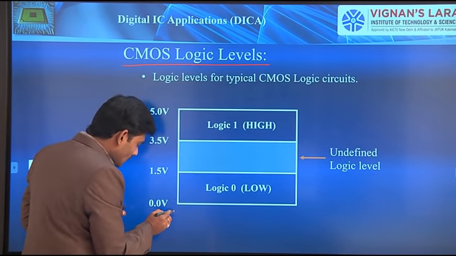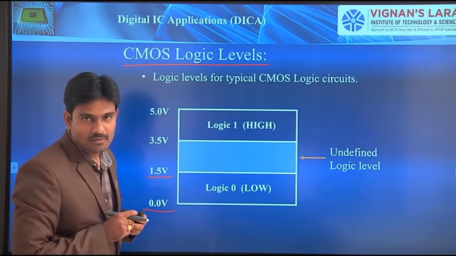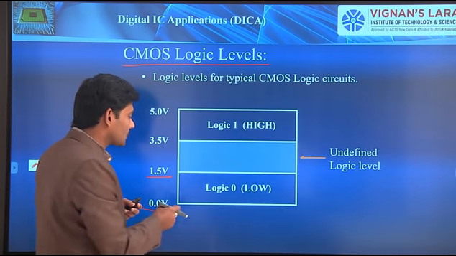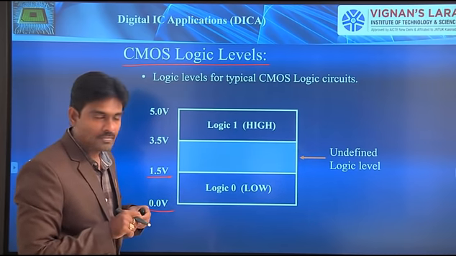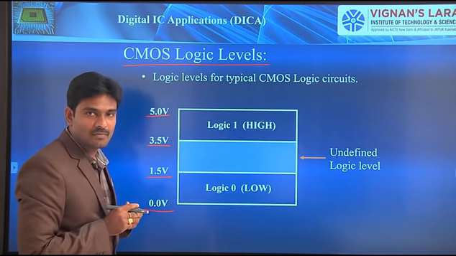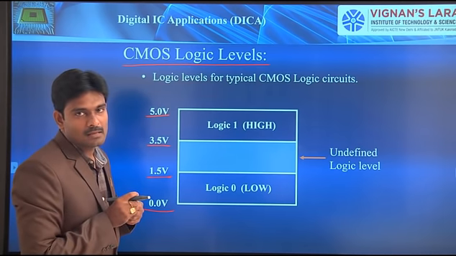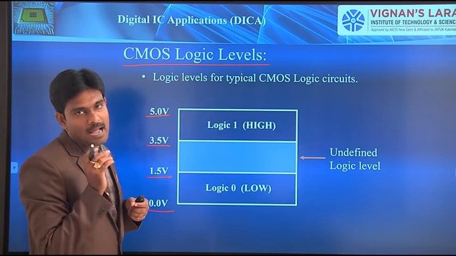Any value between 0 and 1.5 can be considered logic 0 or low. Any value between 3.5 and 5 can be considered logic 1 or high.